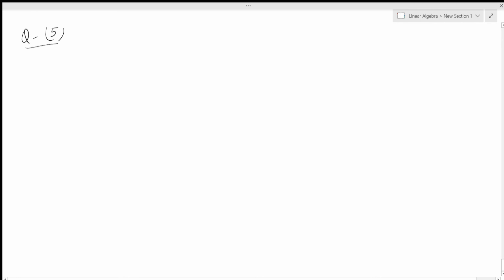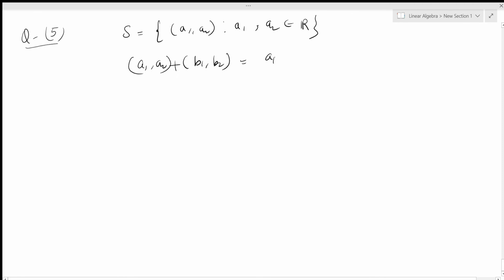So now the next example is, again S is of the type (a1, a2) such that a1, a2 belong to real numbers, and now addition is defined as (a1 plus b1, 0), and multiplication is defined as c(a1, a2) equal to (c a1, 0).